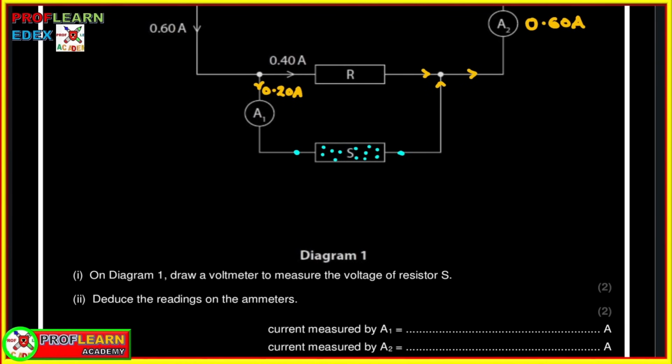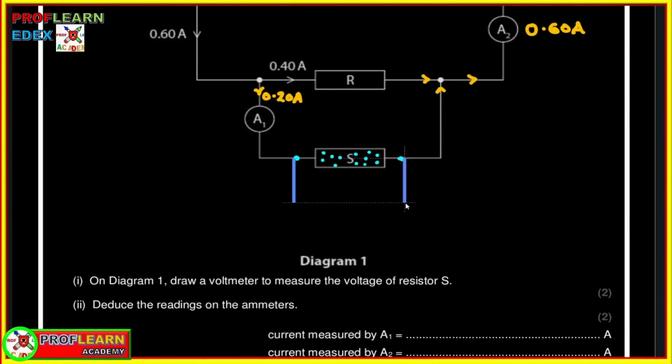We are supposed to draw a voltmeter to measure the voltage of resistor S. So when you are drawing a voltmeter, remember a voltmeter is a high resistance device. So it has to be drawn in such a way that it's parallel to the component.